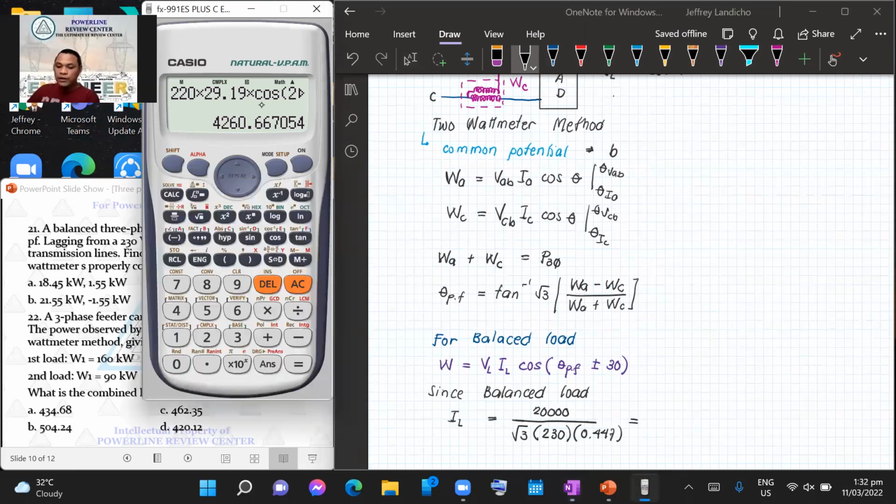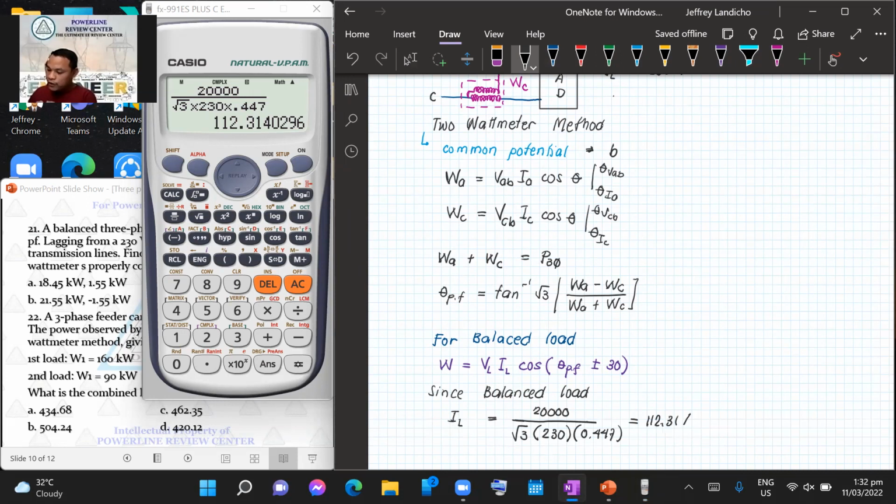So, this will be the magnitude of our line current. Yung tama, no? 111 or 112.31 ampere.